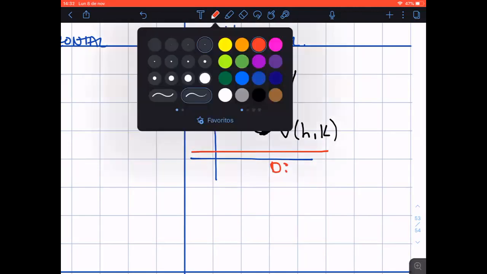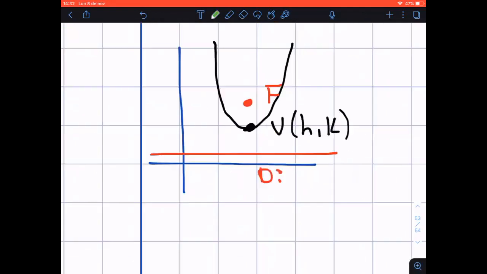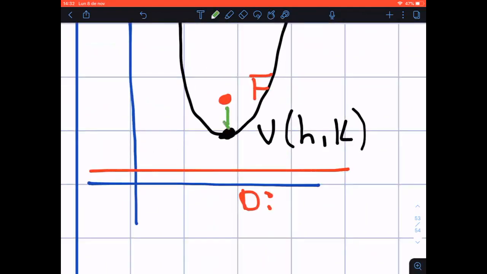Now, what you will have to remember is that the distance between the vertex and the focus is P. P could be 1, 2, 3, 1/4, 1/5, 1/2, whatever number, okay? And it will always be positive.